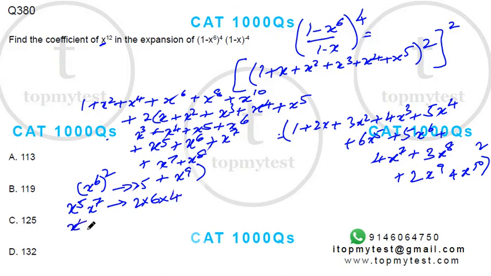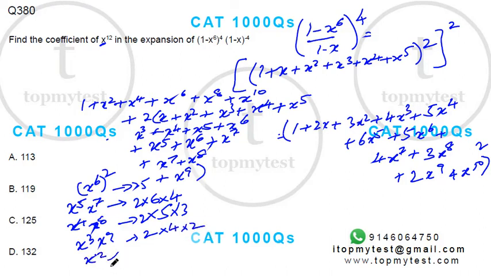Similarly, when you multiply x to the power 4 with x to the power 8, you get x to the power 12, so that will be twice of 5 into 3. Similarly, x to the power 3 with x to the power 9 gives twice of 4 into 2. When you multiply x square with x to the power 10, you get twice of 3 into 1.